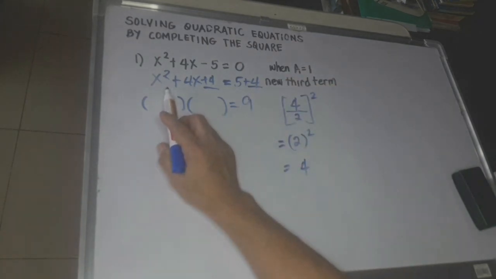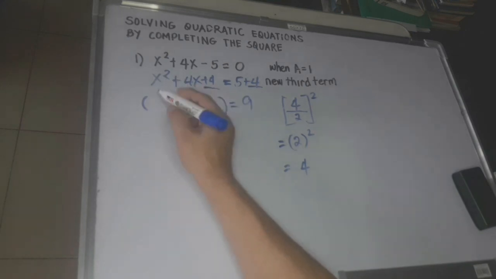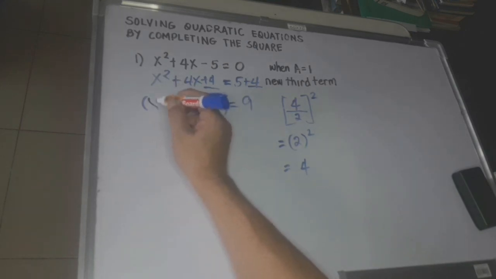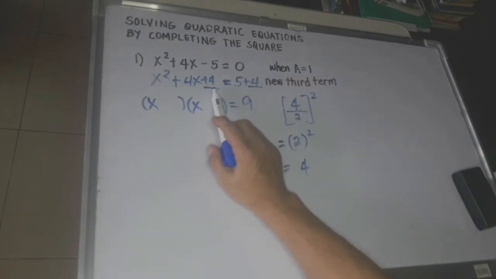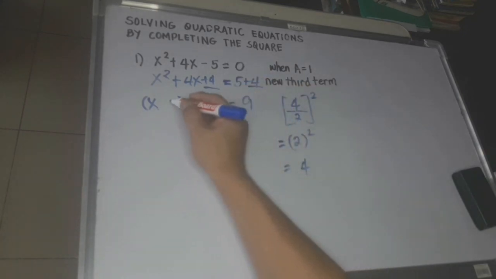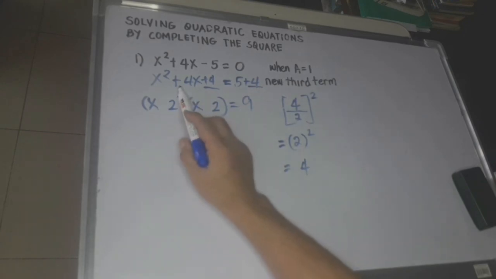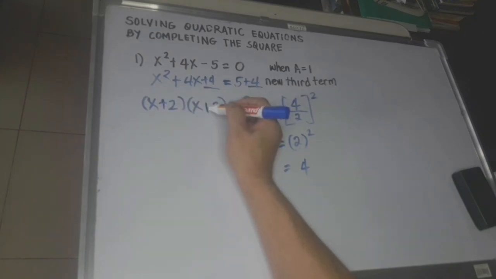Get the factors of x squared, the first term. The factors are x and x. Then proceed to the new third term. The factors of positive 4 are 2 and 2. The sign of the second term is positive, so it is positive.